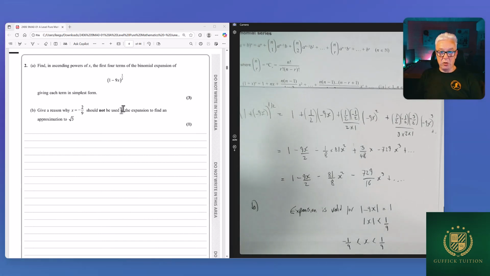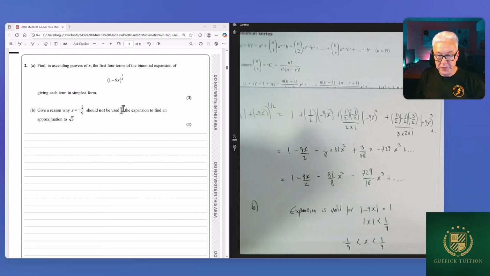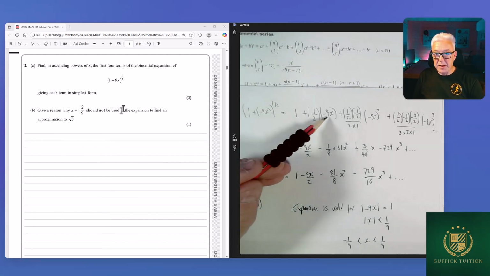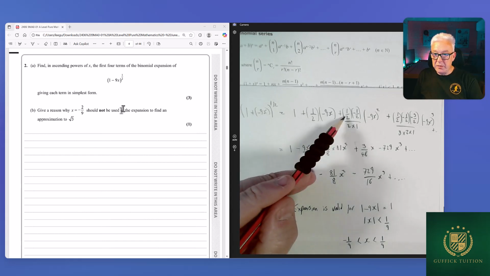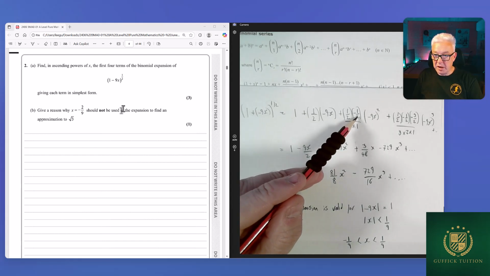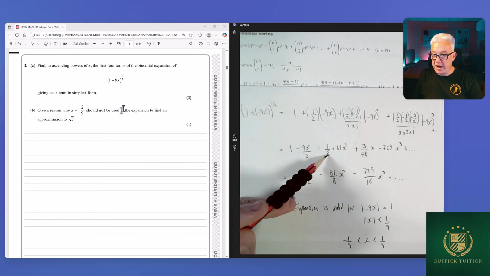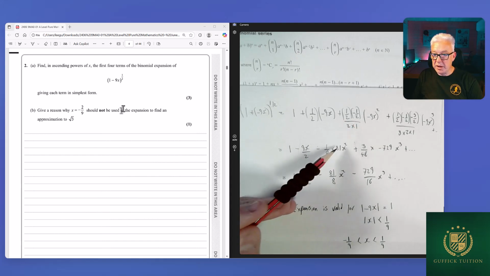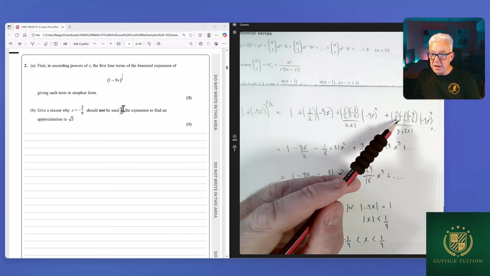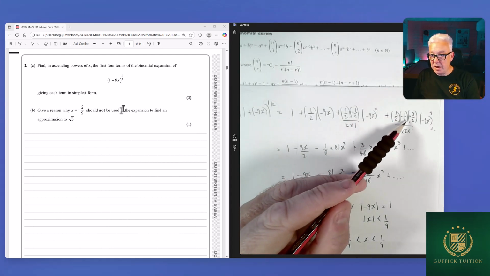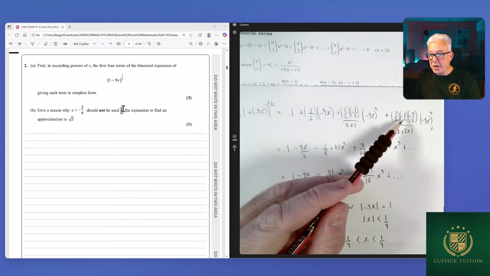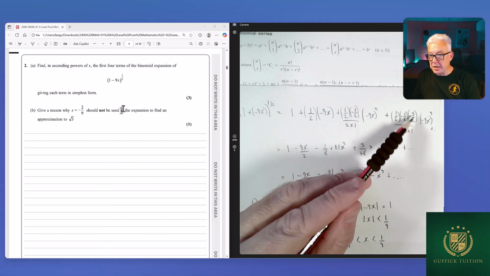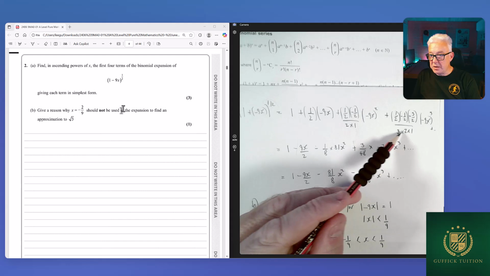Okay, so now all we need to do is literally simplify what those first 4 terms are. So we've got minus 9x over 2, and then a half times a half is a quarter, divided by 2 it's going to be an eighth, and minus 9x squared is going to be 81x squared. Here we're going to have a half times minus a half times minus 3 over 2, which is going to be minus 3 over 8, and that's going to be times by 6.